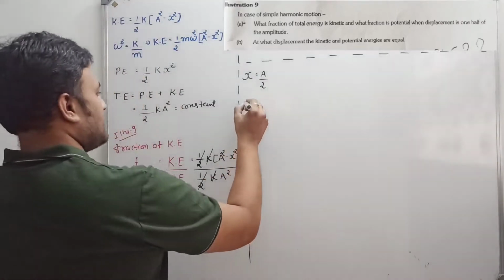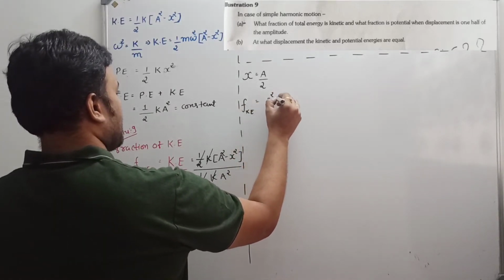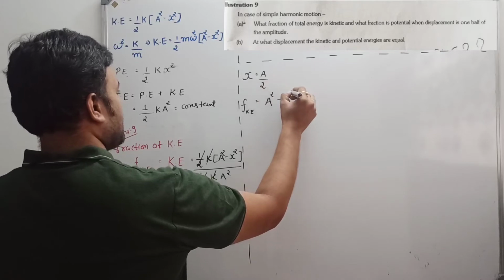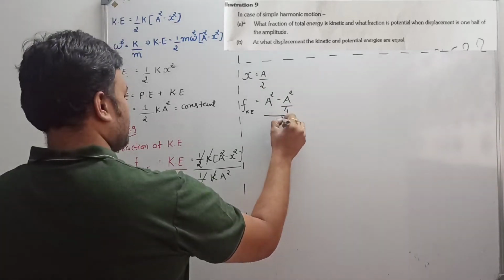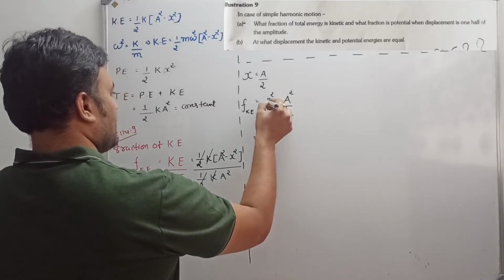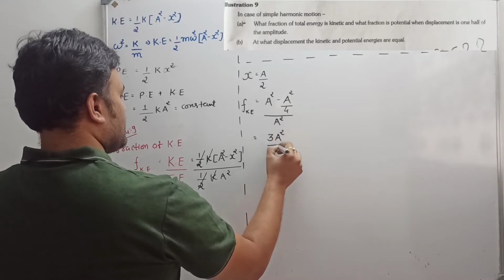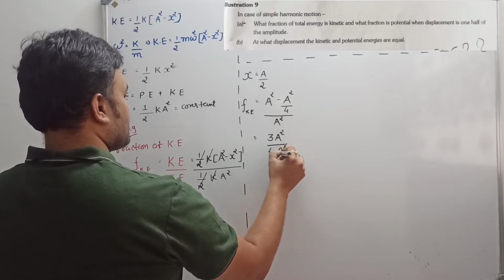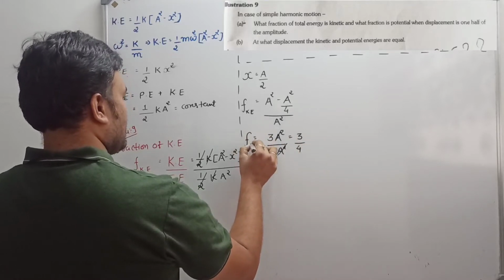Put in this equation for FKE. So this is a square minus x square, and in place of x we put a by 2, so a square by 4, upon a square. 4 a square minus a square, 3 a square by 4 a square. A square cancels, this is 3 by 4. This is called FKE.